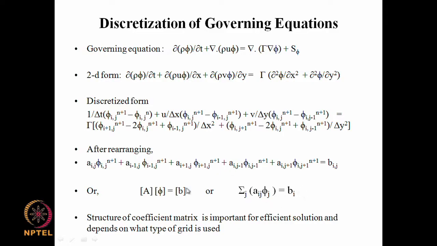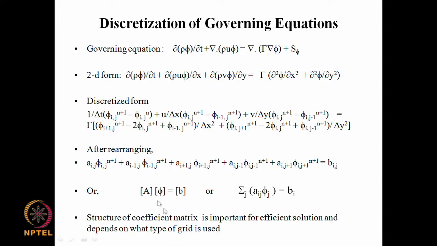So this is the type of linearized algebraic equation involving these phi's which are the solution variables, for example the velocities at different grid points or the temperature at different grid points, or the u velocity at i plus half, j and v velocity at i, j plus half, and pressure or pressure correction at i, j, temperature at i, j, and so on.